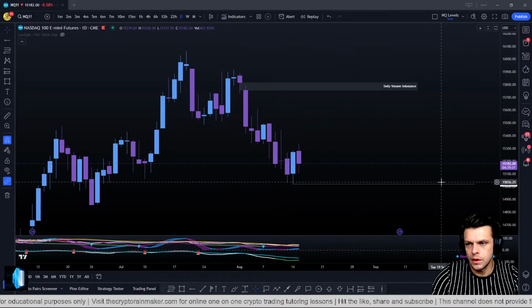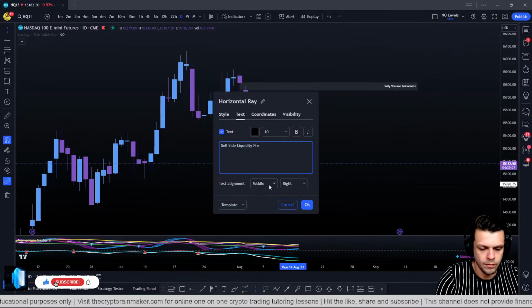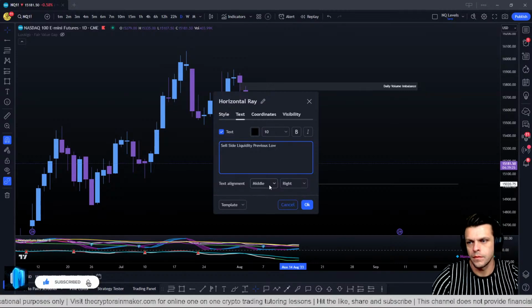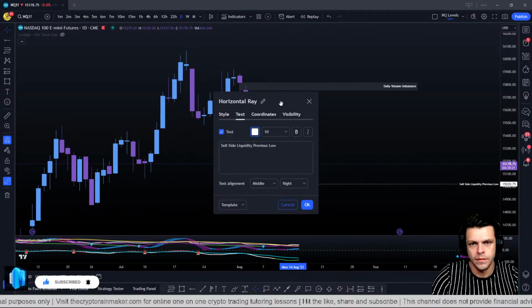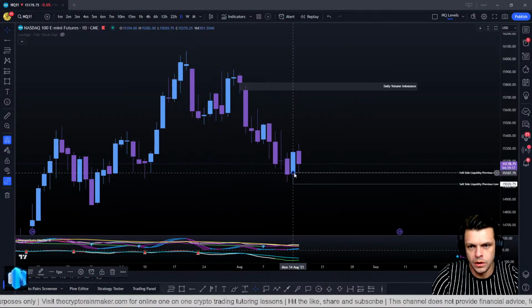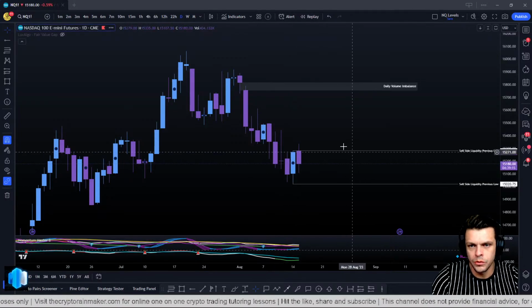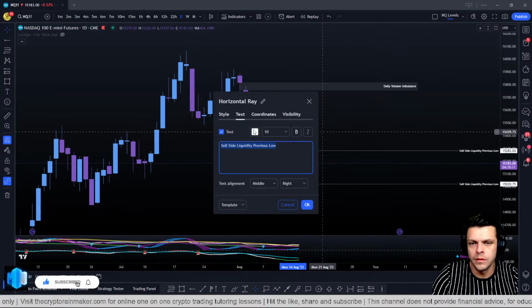Alright, so this is the sell side liquidity for the previous day low. And then we're just going to copy this line, put it right there. So we already took out the previous day high.